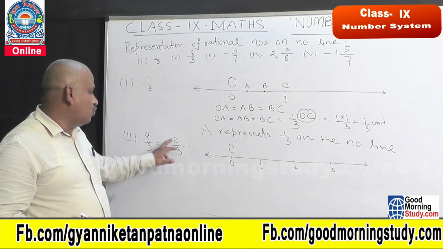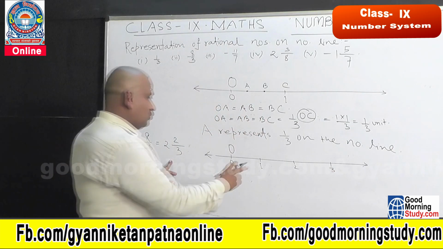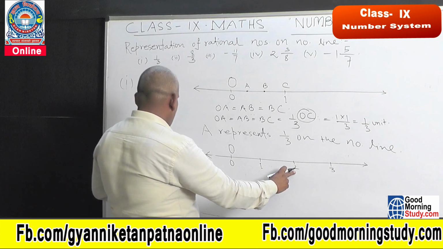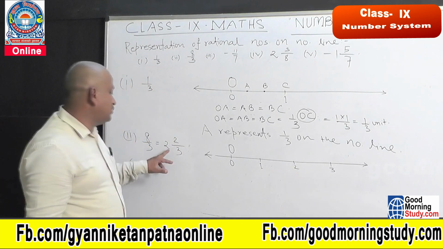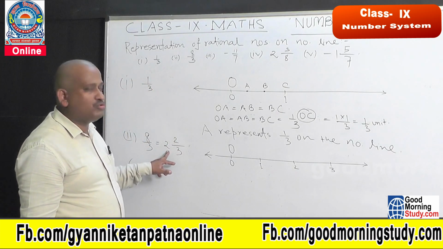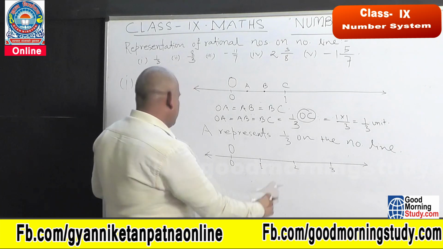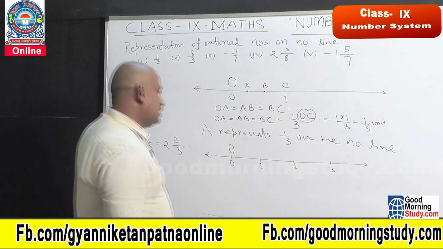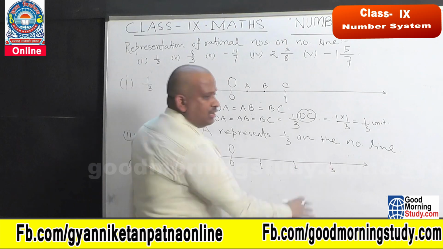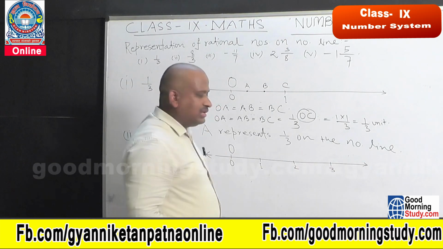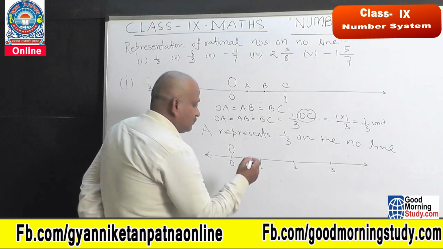Children, this is 2 whole 2 by 3. So till here this is 2. 2 whole 2 by 3, it means this is sum of 2 and 2 by 3. So here is 2, we need 2 by 3. So this one division will divide in 3 equal parts.